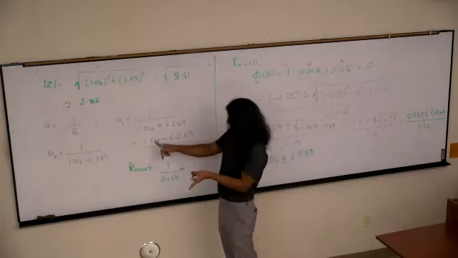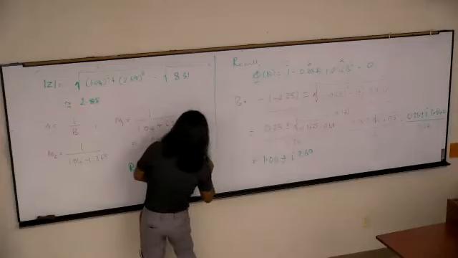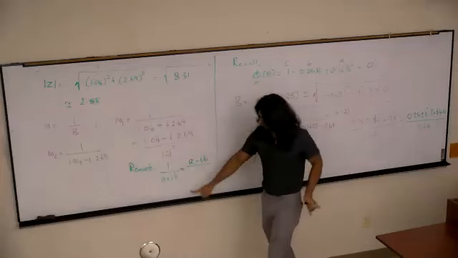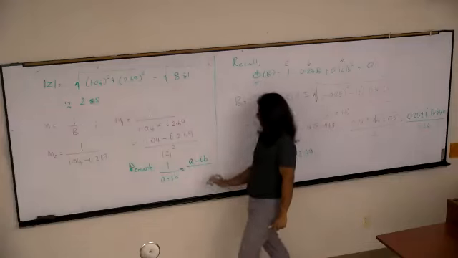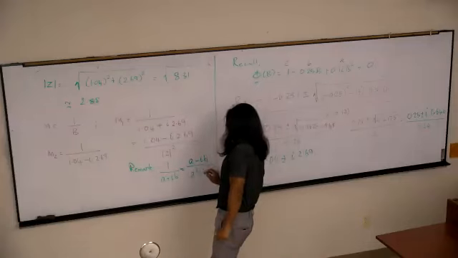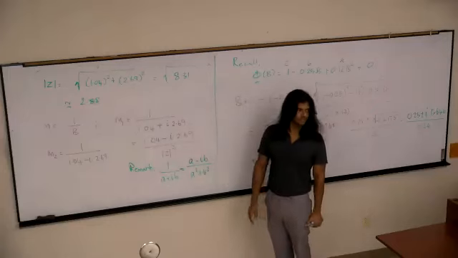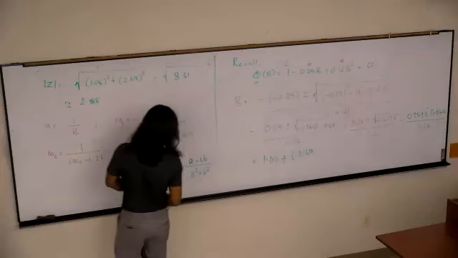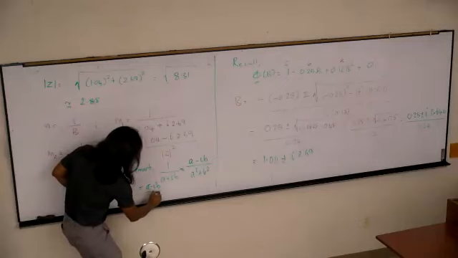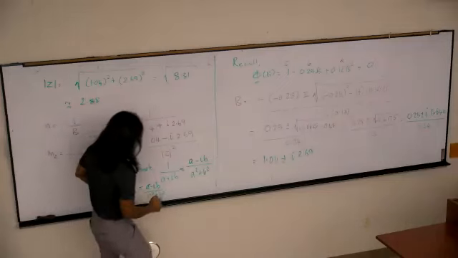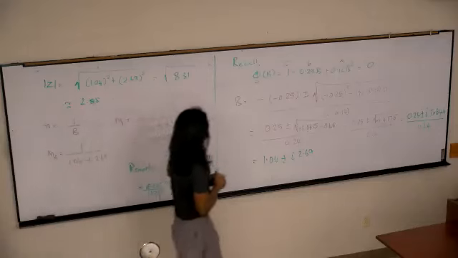So the numerator will become a minus ib. The denominator is a plus ib multiplied by a minus ib. You do FOIL, and you end up getting a squared plus b squared. It's the magnitude squared.